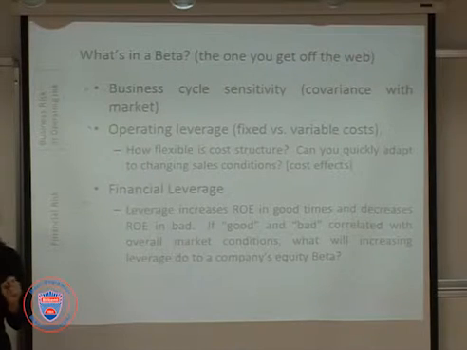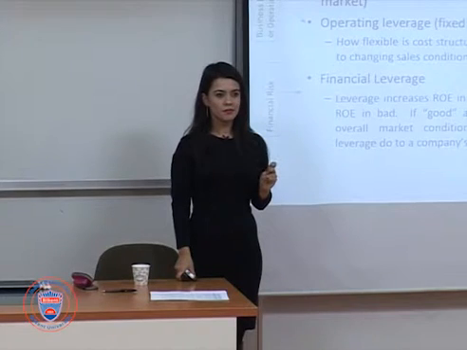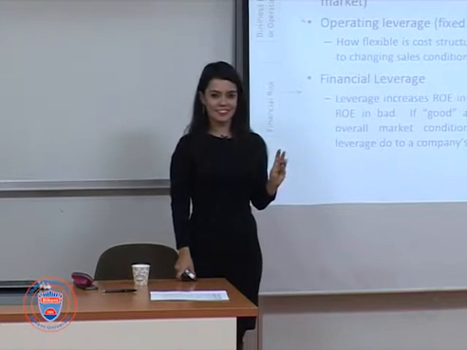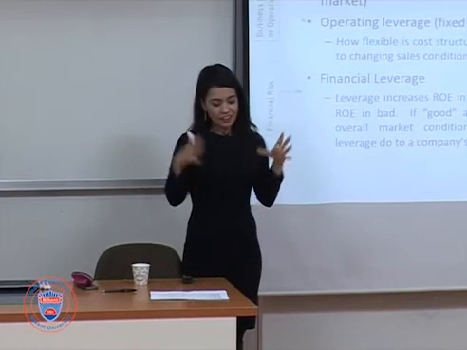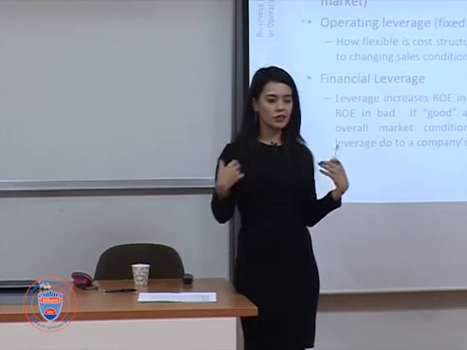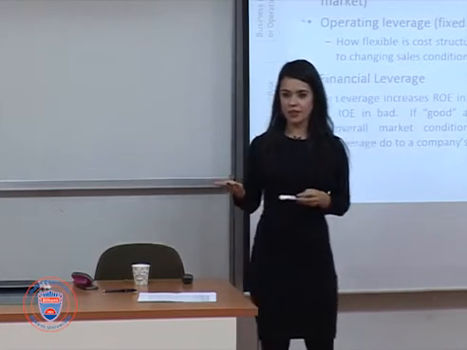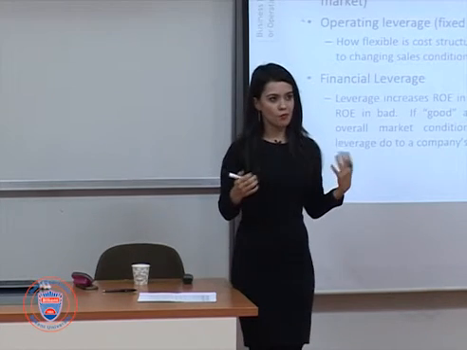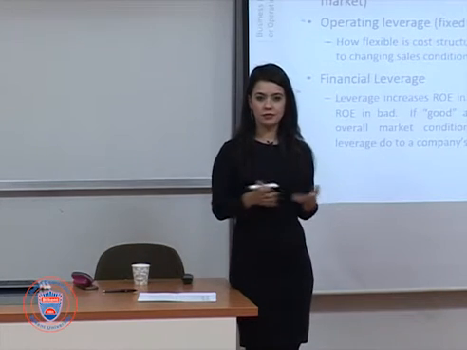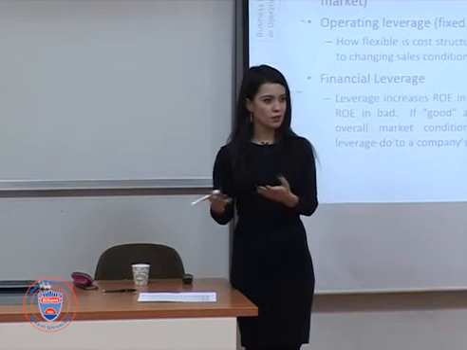Can you give me a business risk example? Suppose that we are comparing a retail apparel company to a utility company. Which one has more forecastable sales? Utility, right? The sales are more stable.